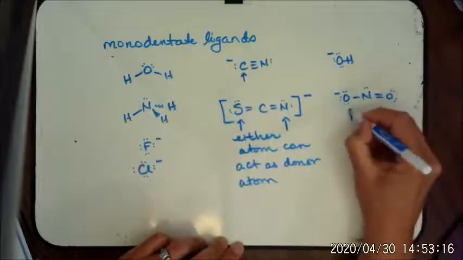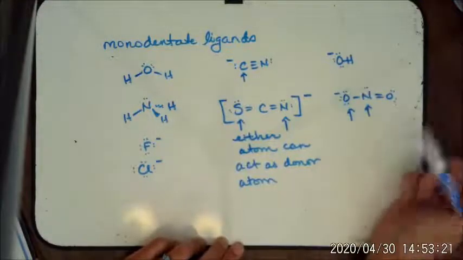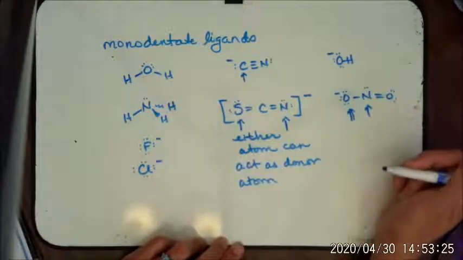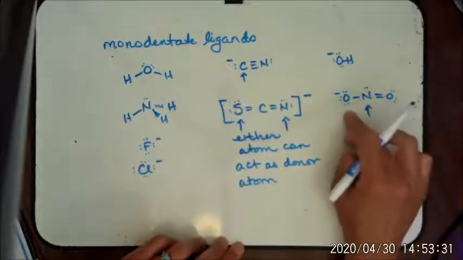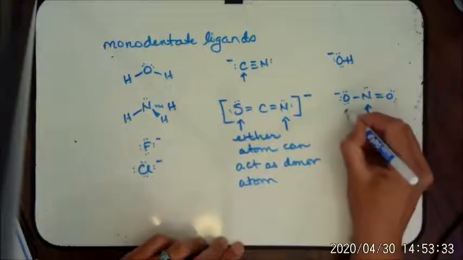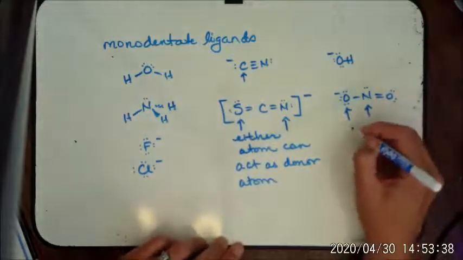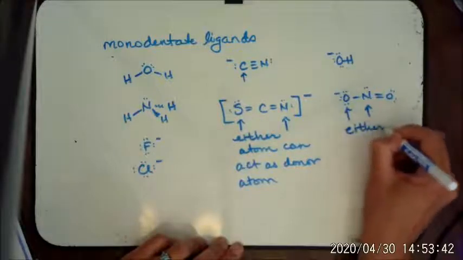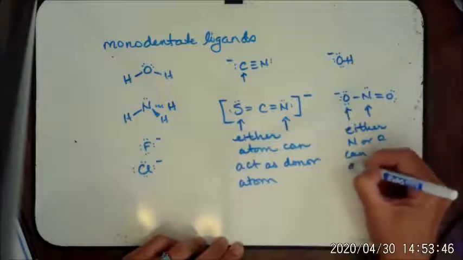And here, again, it's either the nitrogen can act as a donor or the oxygen. More commonly, you'll see the oxygen act as the, let me double check, nitrite or nitro. I think more commonly you'll see the nitrogen act as a donor, but you'll see the oxygen as well. Okay, so either N or O can act as donor.